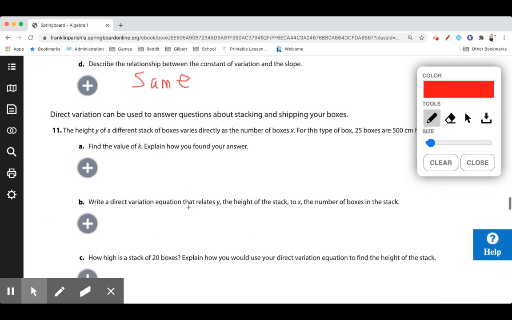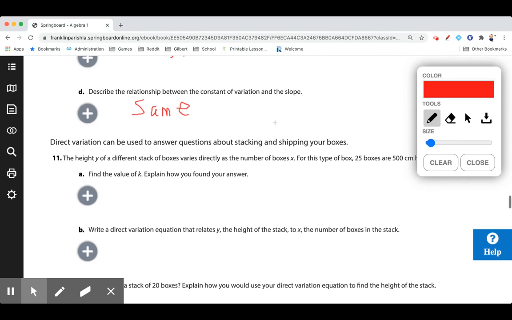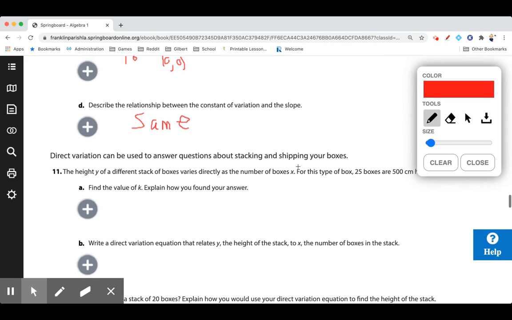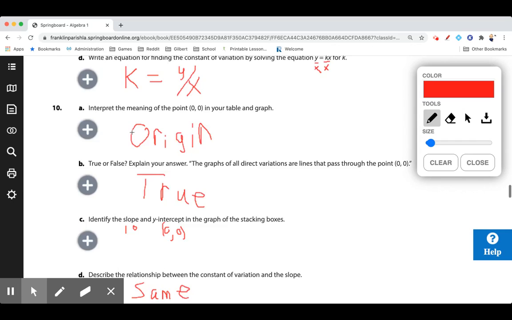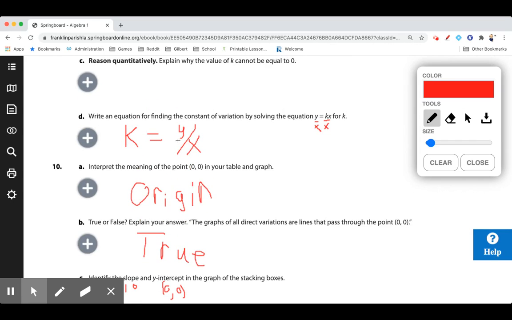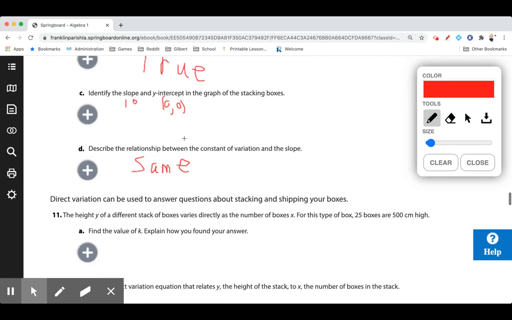So let's see if direct variation can be used to answer questions about stacking and shipping your boxes. The height of the boxes varies directly as the number of boxes. For this type of box, 25 boxes are 500 centimeters high. Find the value of k. It varies directly, so it's direct variation. We already said that k is going to have to be y divided by x.